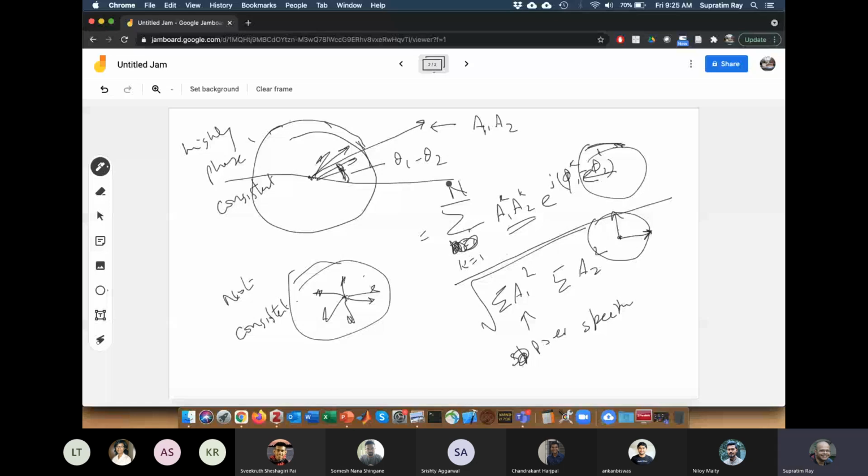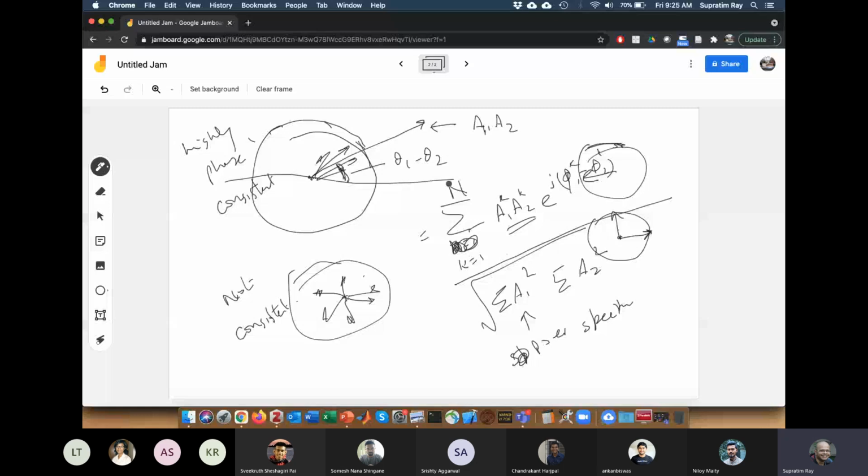That's all I have done here. That's all being done here. For XX, when I put Y_k equal to X_k, X star_k is just X_k mod squared, right? This is a_k e to the power minus jφ_k.